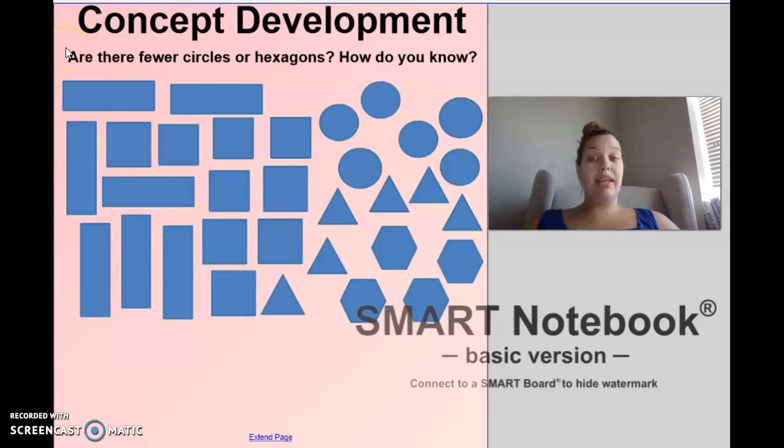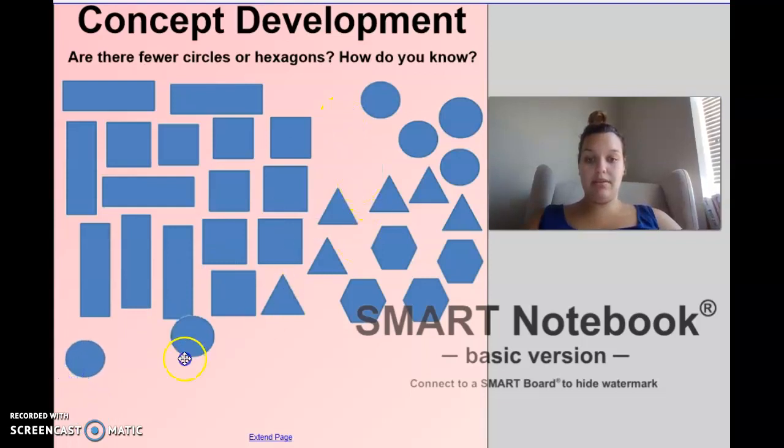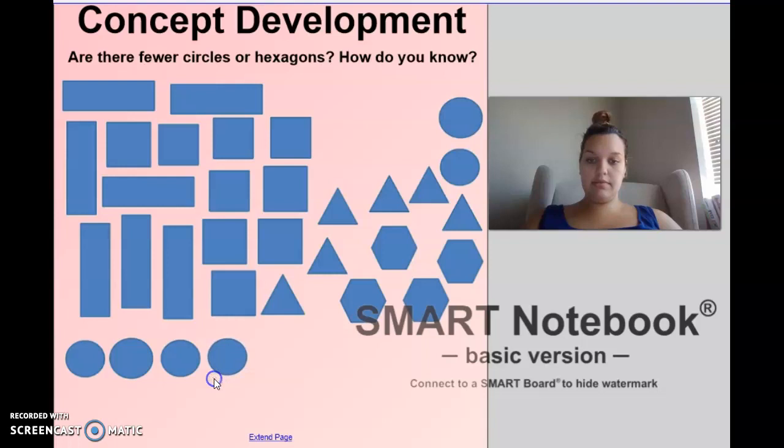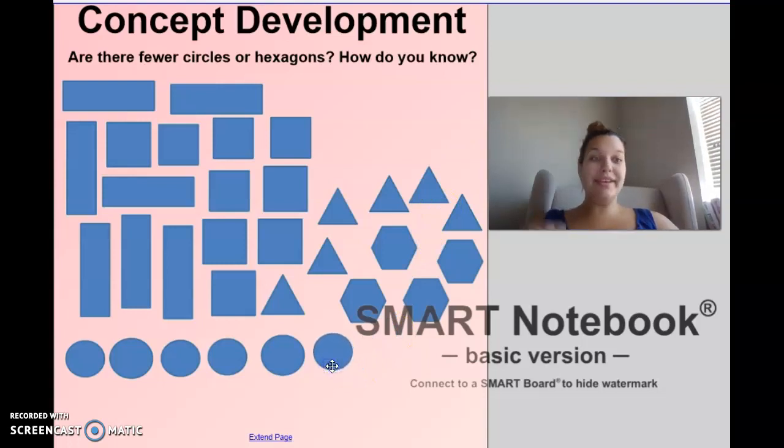We're going to do the same thing with circles and hexagons now. I'm going to pull all the circles down. Did I get all the circles?